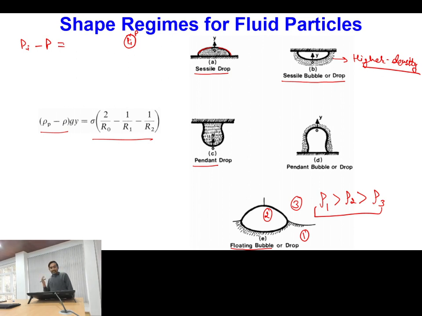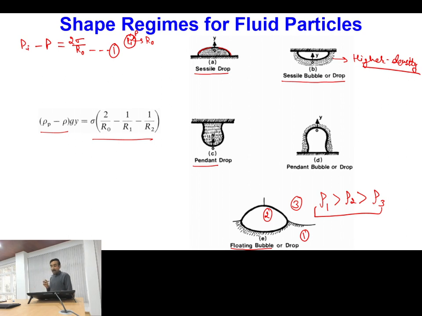For a spherical drop or bubble, if I take a plane in one direction, or any other transverse plane, in both cases I will have the same radius of curvature. Let me call this radius of curvature R naught. If this is the situation, then my pressure drop will simply be equal to 2 sigma by R naught. This is something we already know from our basic fluid mechanics.